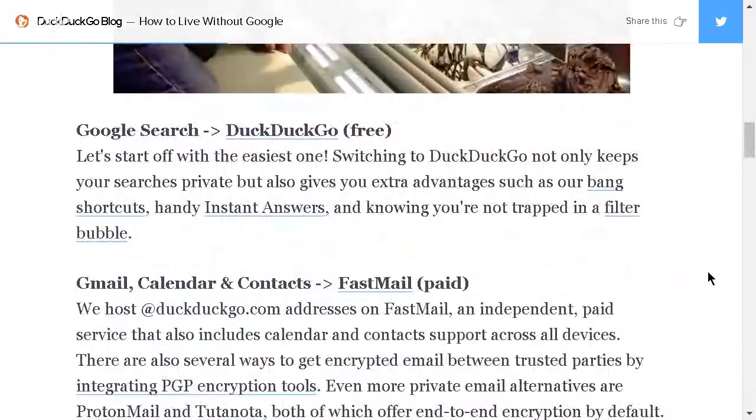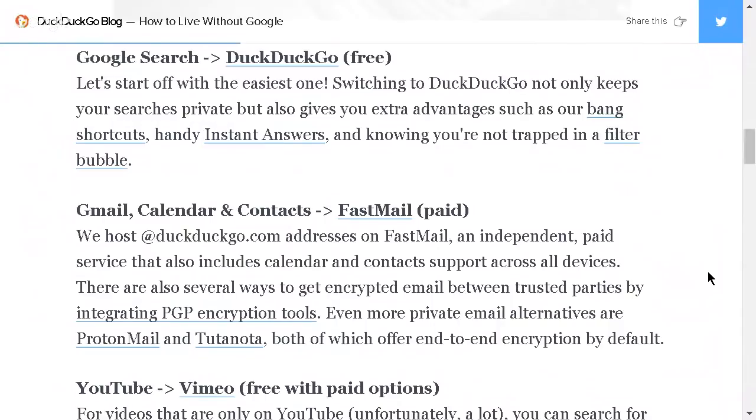Instead of Googling things and sounding like a complete dolt using Google as a verb, which makes my ears bleed, use DuckDuckGo.